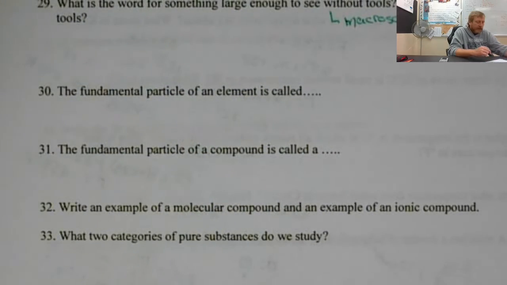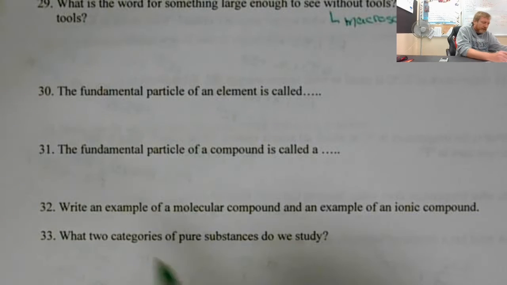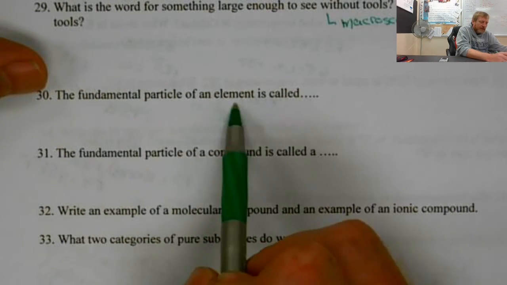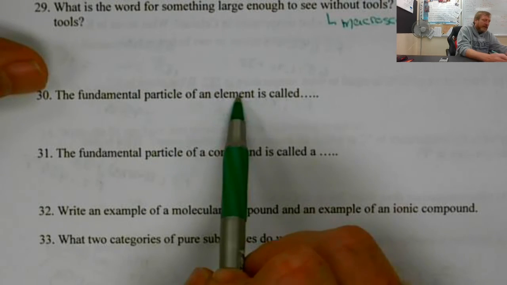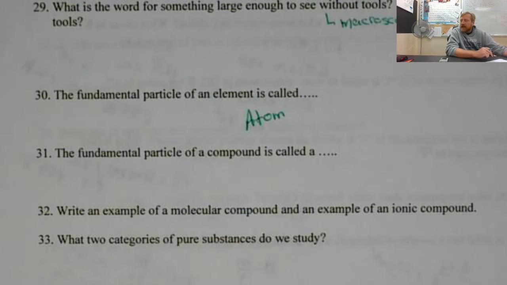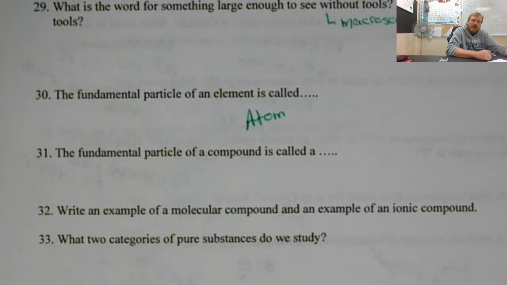Okay. If I take an element down to the smallest particle, by fundamental, I mean, what is the smallest particle of an element that still has the attributes of that element? And that would be an atom. If I break down past the atom, I get into protons, neutrons, electrons.